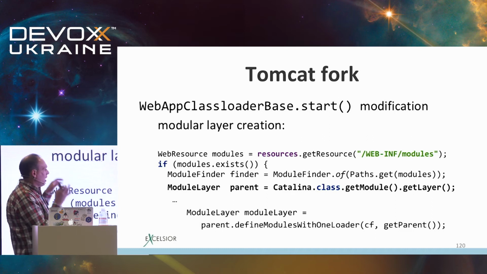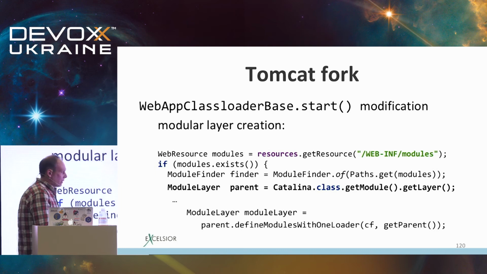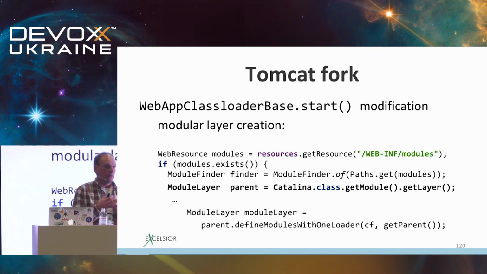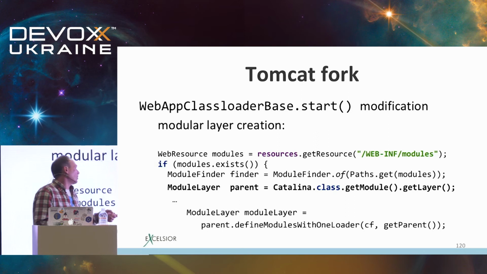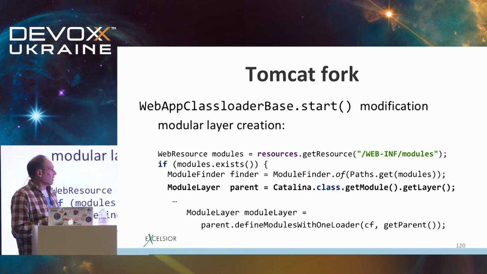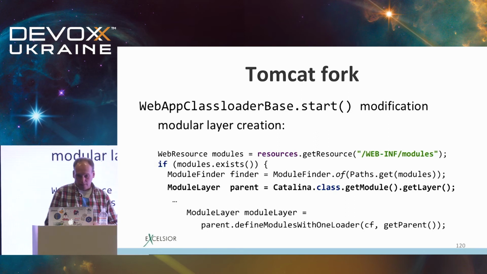So our layer hierarchy becomes three levels. And it is important because every web application uses, for instance, the servlet API. The servlet API jar is within the Tomcat jars, and in order for your web application modules to be able to resolve to the servlet API jar, we need to provide the Tomcat jars layer as a parent layer of our web application layer.